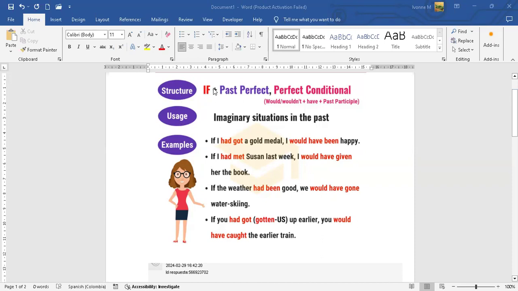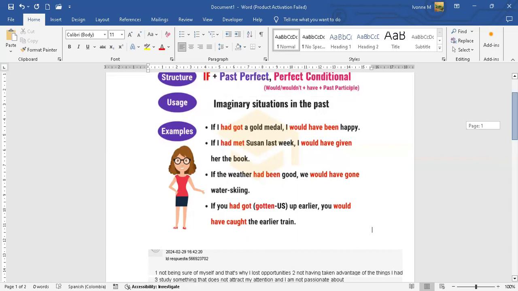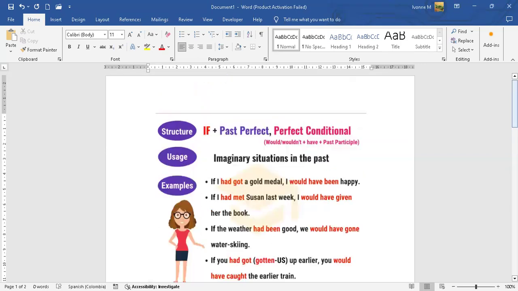There is an if, which is the condition, and then you have the second clause. This is called a clause. We have sentences in English, as in every language, right? This is a sentence. For instance, here I have an example: "Not being sure of myself, and that's why I lost opportunities." That's a sentence. But I can build sentences from simple ones to bigger or stronger structures.